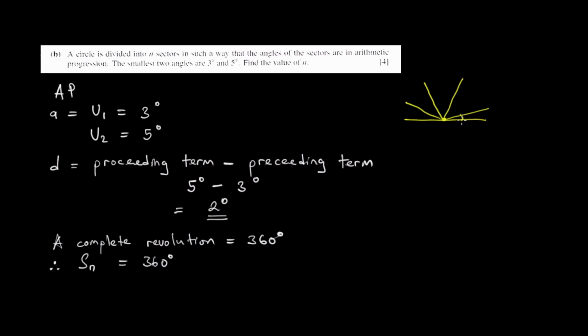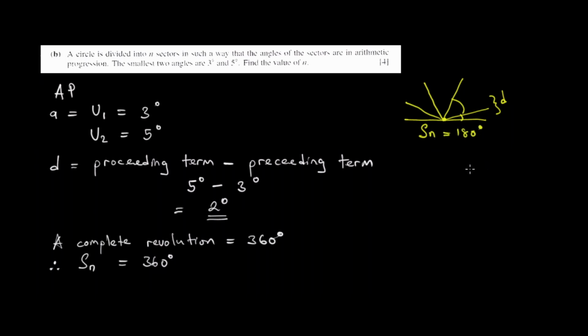We are told what this angle is, and what this angle is. From this we can find d. But even so, because we know that the complete angle on a straight line is 180 degrees, that tells us that the sum of n in this situation is going to be 180 degrees.